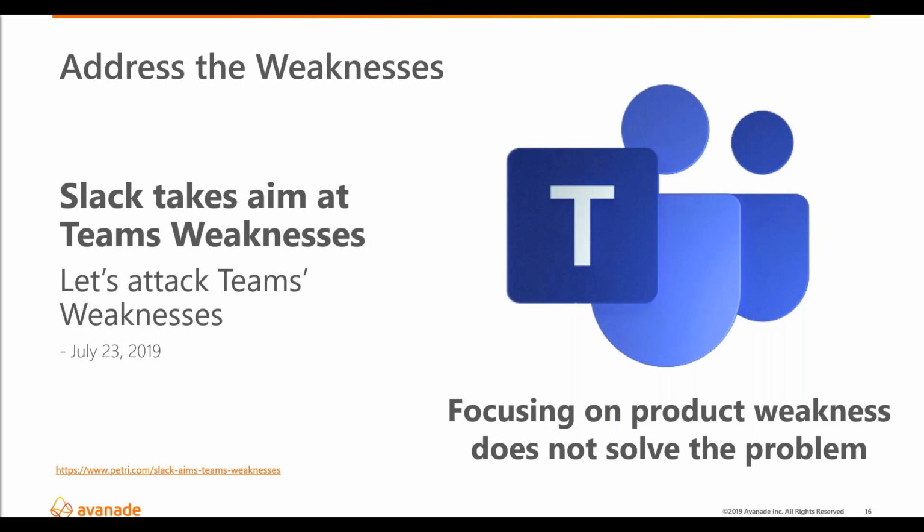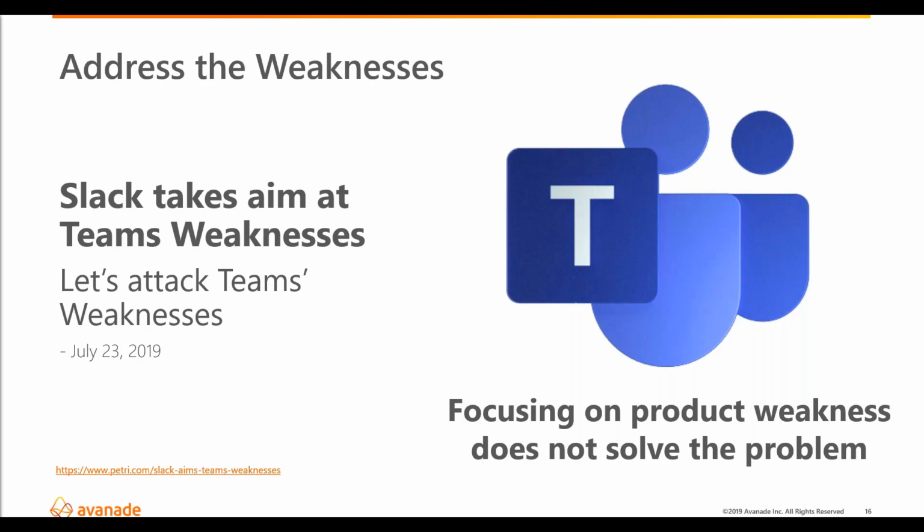There are a couple of known weaknesses with the platform that definitely impede user adoption: the lack of searchable tagging, the ease of use of toggling between Teams tenants, and just how heavy the clients can be on the desktop.